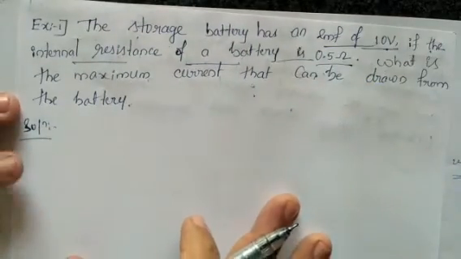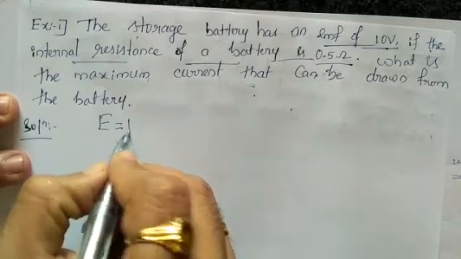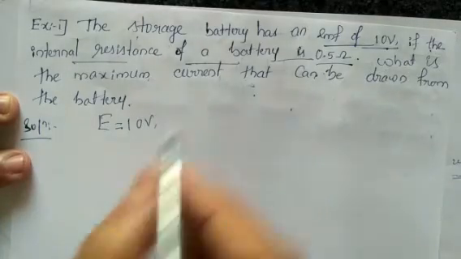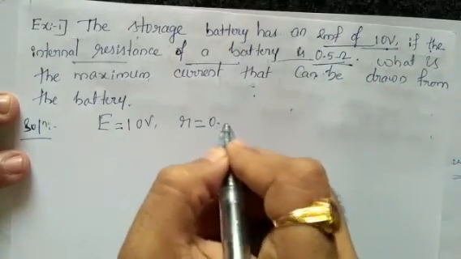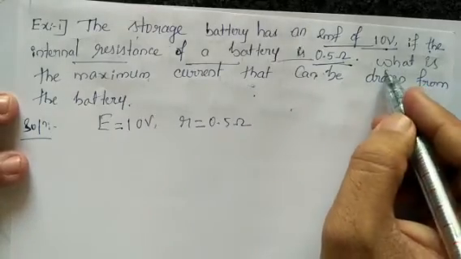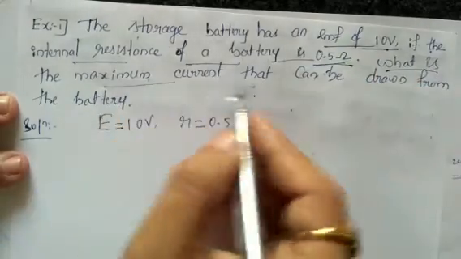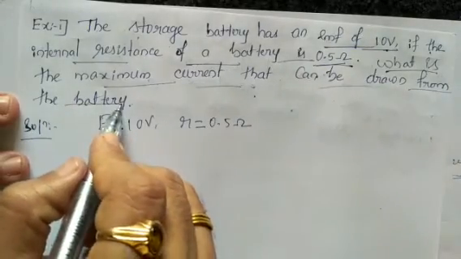Now we are asked to calculate the maximum current that can be drawn from the battery.